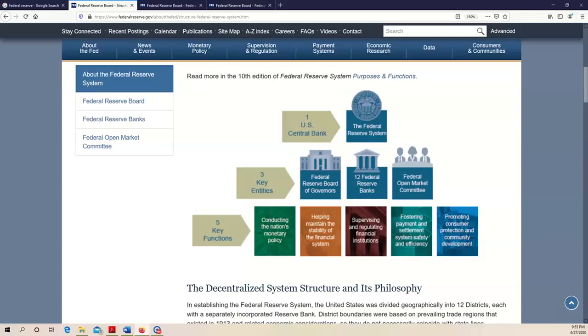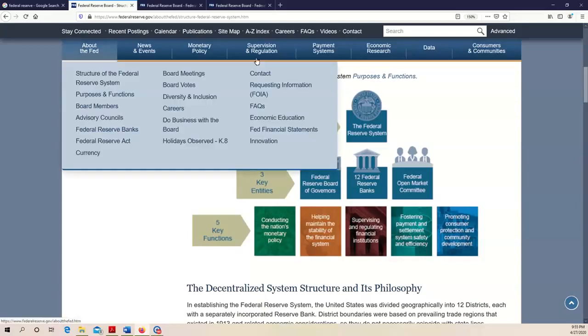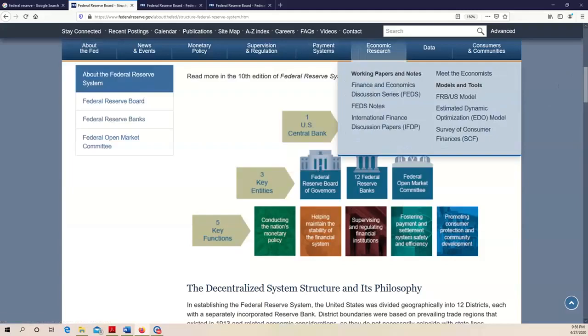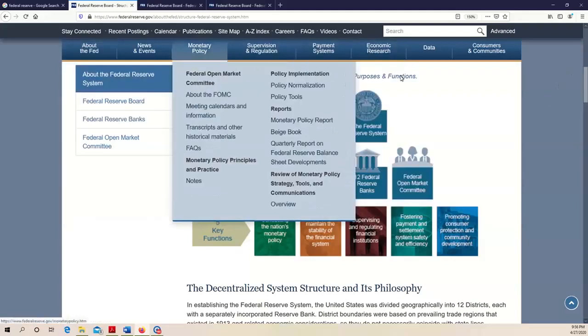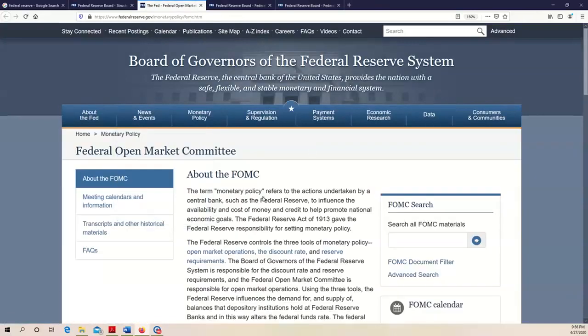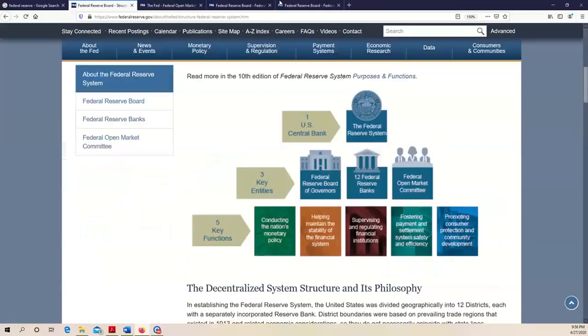It decides whether or not to increase or decrease the US money supply and how to regulate the banking system in general. So, the Federal Open Market Committee.